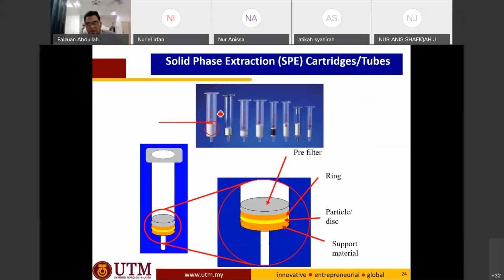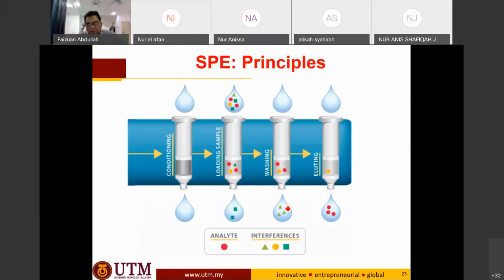And then how we do is we just press the sample, for example, the solution sample inside this, and we have a pre-filter, right, to filter out all the impurities first before we use the solid phase extract. We have a pre-filter here, we have a ring here, particle disc here, and support material, right? This is how it works.